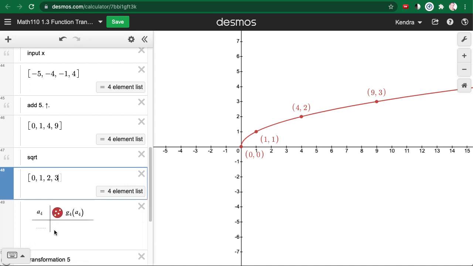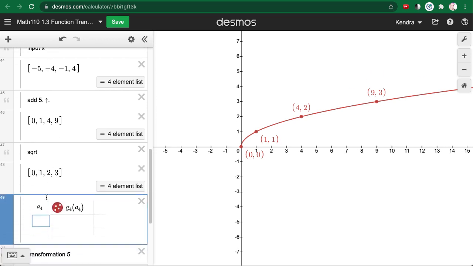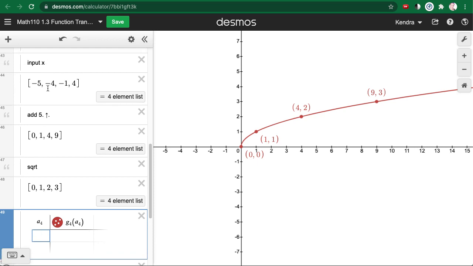So let's double check. Let the calculator calculate my outputs with that function. It's called G4, right? Yep. And so I'm going to input -5, -4, -1, and 4 into that function.